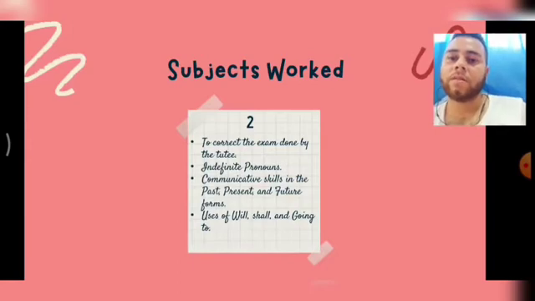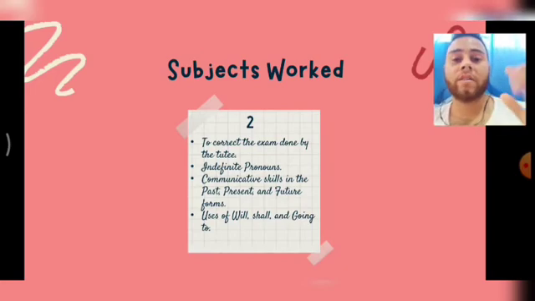And let's continue with the second term. The first thing was to correct the first term exam that she did. And then indefinite pronouns, then communicative skills were worked in the past, present, and future forms, with oral explanation and also speaking skills as the ways in which we worked.